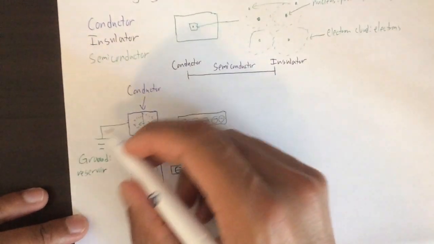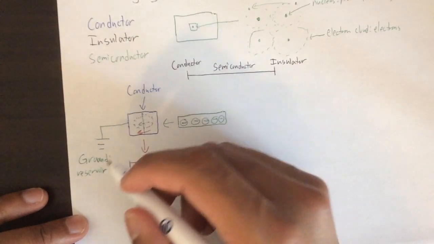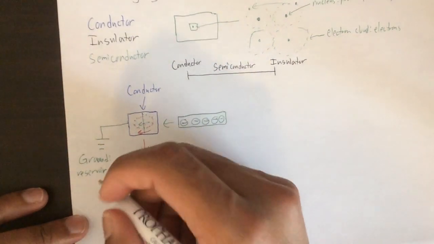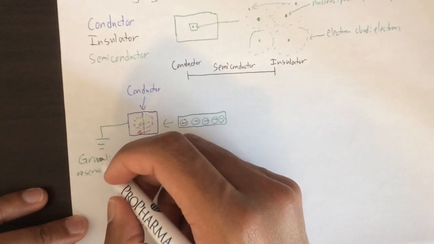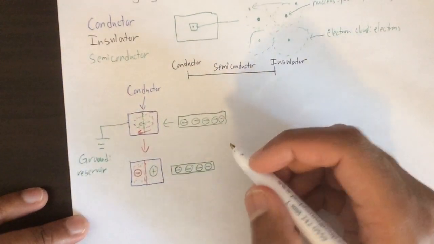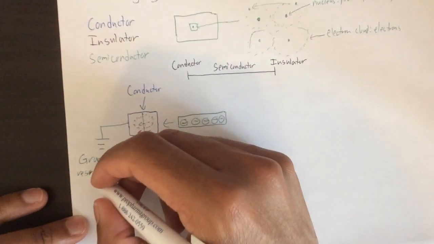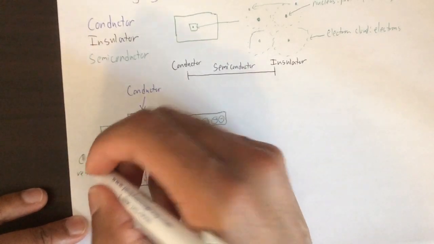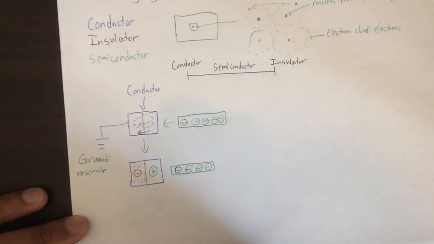If you're adding electrons into the ground, there's a negligible effect on the electrical characteristics of the ground, and there's also a negligible effect if you take electrons out. So a ground can provide electrons, or it can take electrons.